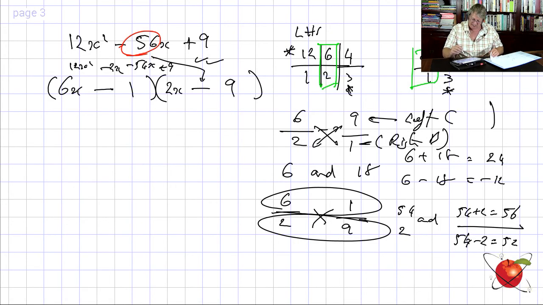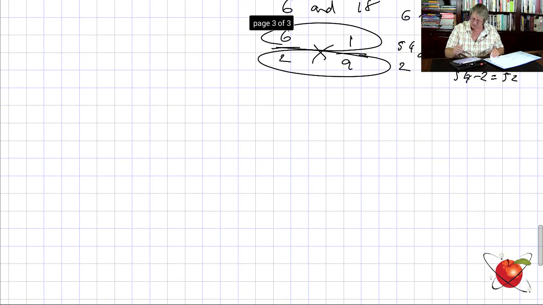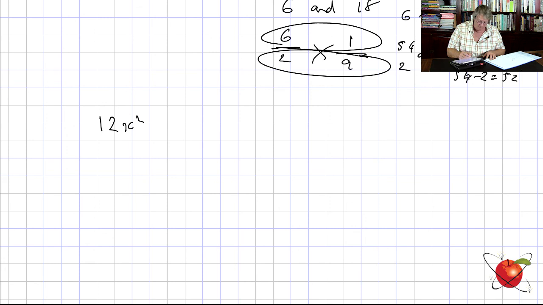So in the next section, what we're going to do is look at a different one. We're going to look at another one of these trinomials, and it's going to be this one: 12x squared plus 15x minus 18.